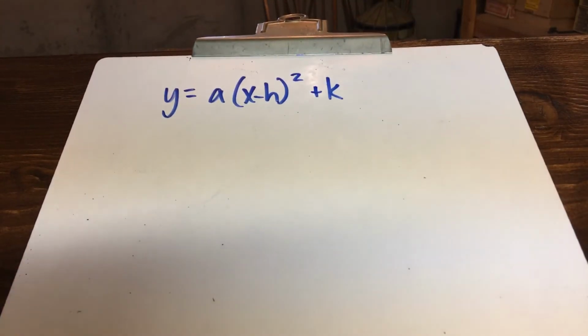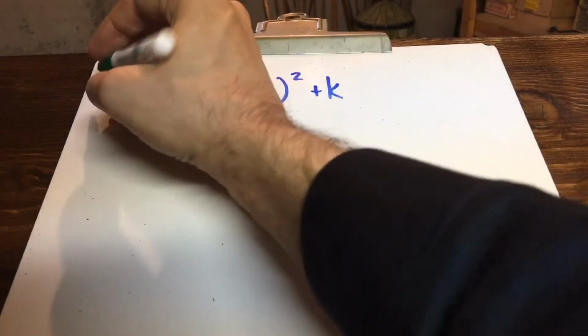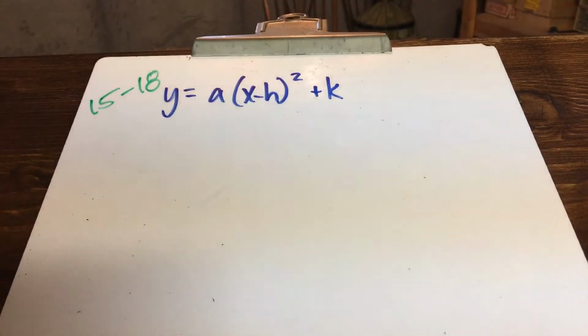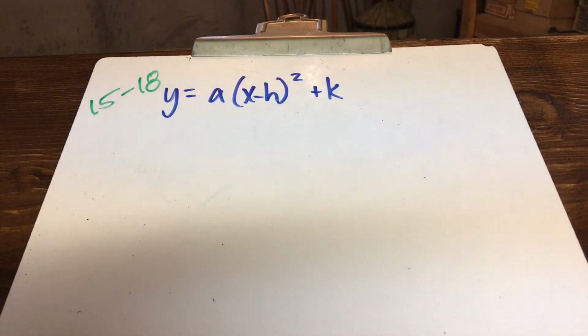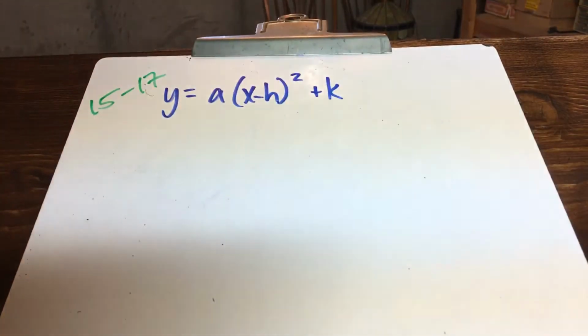Like here's, for example, this is actually number 15. I'm just going to write down the real thing. This is going to be like number 15 through, I think it's 18. I could be wrong. Let me scroll down. 17 for sure. It's just 17. 15 through 17.